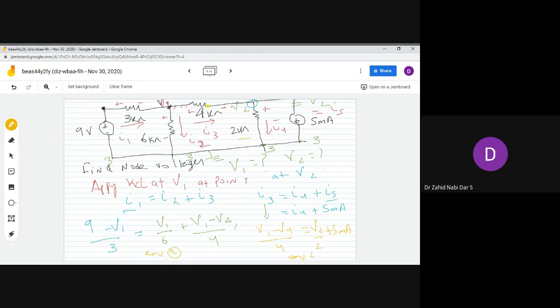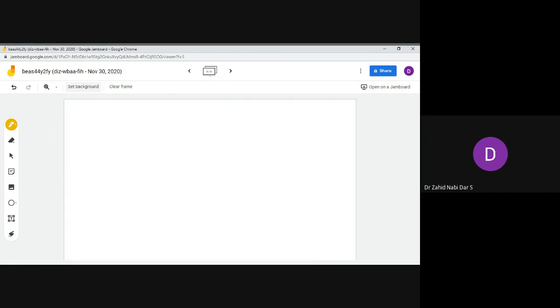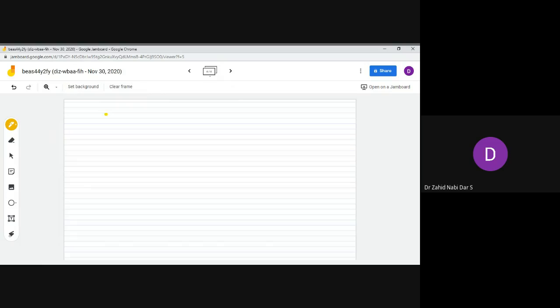I can use Cramer's rule, other rules, whatever I want, or I can use my calculator. If I use Cramer's rule, these equations first will become, if we solve them, this is very simple, anybody can do it, V1 minus 3V2 into 20.